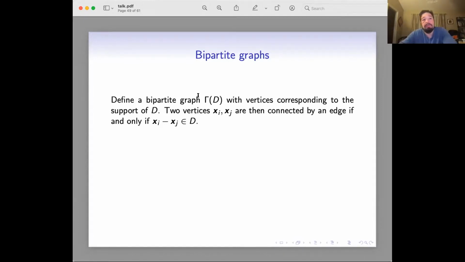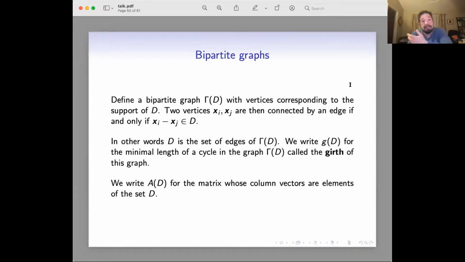Let me call this graph gamma of D. So the vertices will correspond to the points in the support of my difference set D, and then two vertices xi and xj will be connected by an edge if the corresponding difference vector xi minus xj is in my set D. So in other words, D is the set of edges of my graph, gamma of D. Now let me write G of D for what is called the girth of the graph.